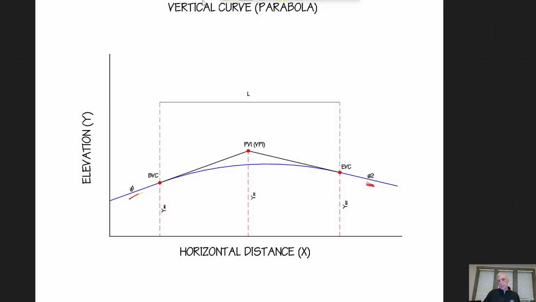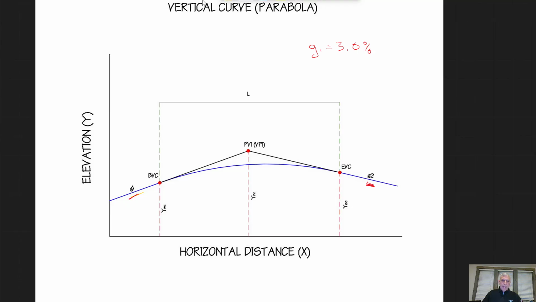Those are grades, and they're always given in percents. So we might say that G1 equals 3.0%. What that means is for every 100 feet in the x direction, we rise 3 feet in elevation.